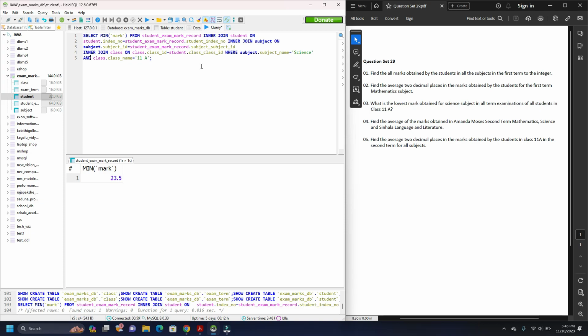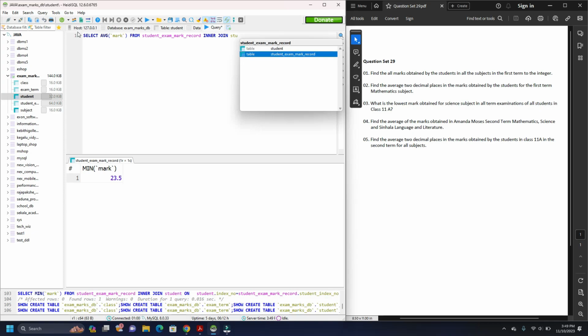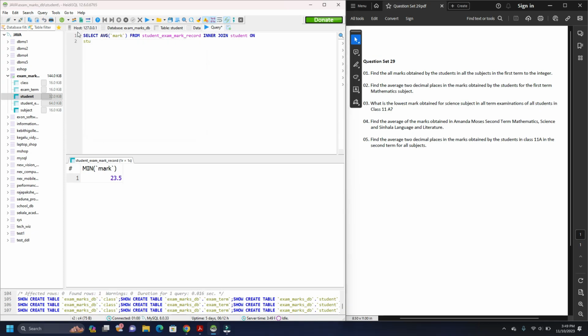So select average mark from student exam mark record inner joining with student on student dot index number equals student exam mark record student index number.